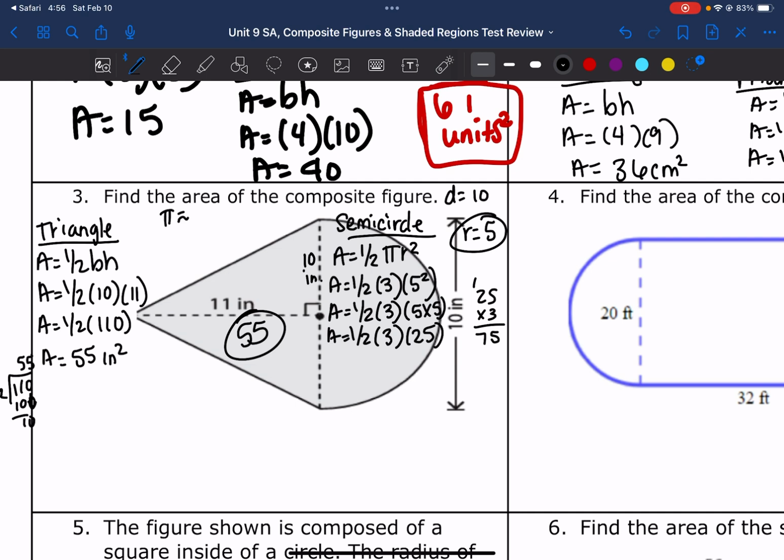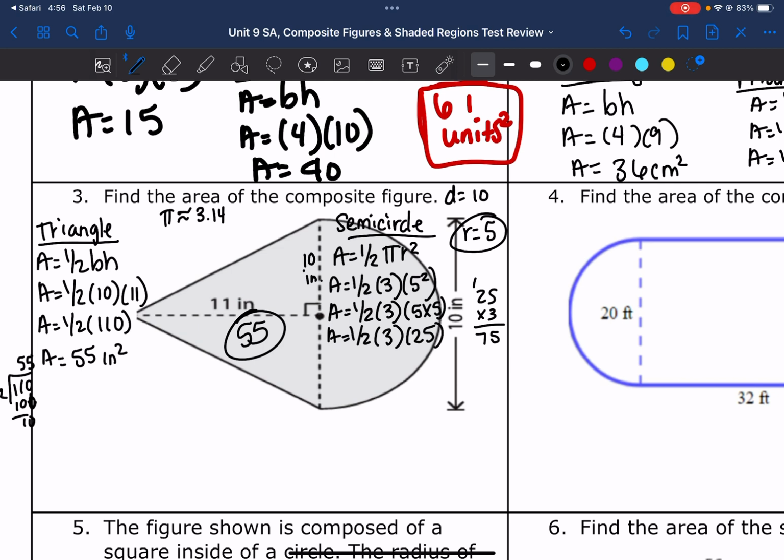However, in class we do use the estimate method of using 3. When you pick your answer, you're going to make sure you pick the closest one. If you don't feel comfortable using 3 and knowing if you're going to pick the right answer, use 3.14. And in a second I will show you what that will be too, so that way you don't feel like you're lost or you can't keep up.